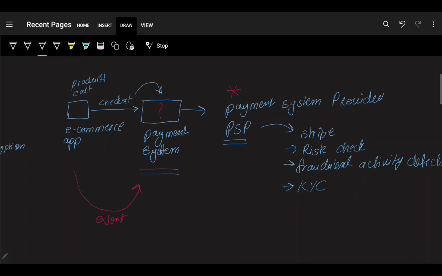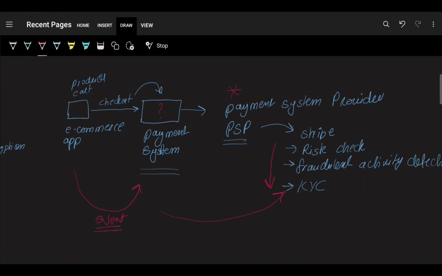And the successful event would be the one that lands over here. So designing a payment system is all about this particular event and the story around this event and the journey of this particular event. We have to make sure that this particular event makes it to the PSP, and it goes through all these different aspects.